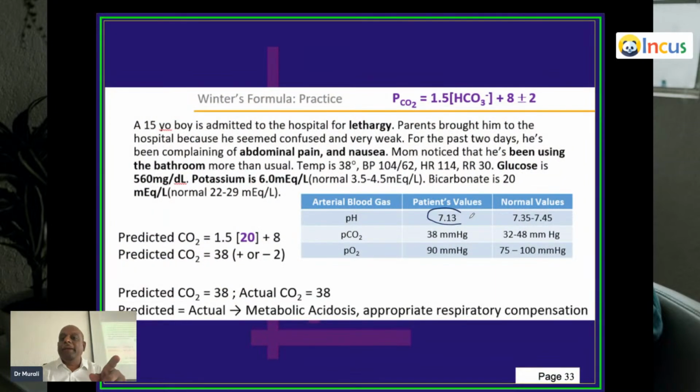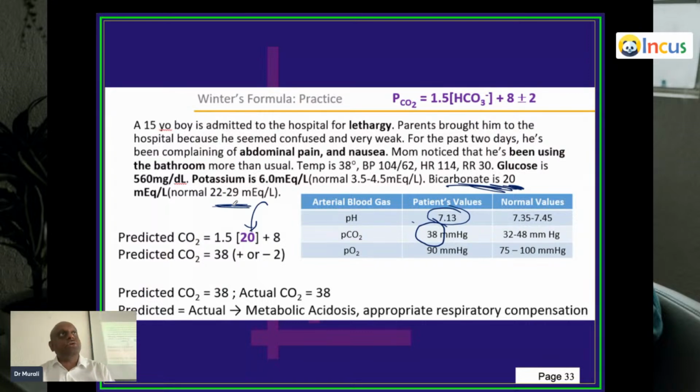The patient's pH value is 7.13 and his bicarbonate value is? 20, and his measured PCO2 value is? 38. If the bicarb value is 20, right? The normal bicarb value is 20 to 29. 20 means what? Low bicarb. Low bicarb means what?